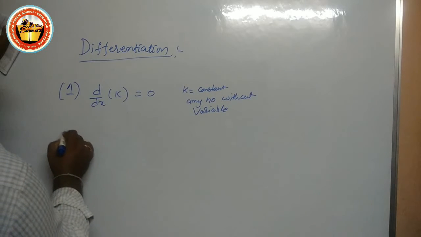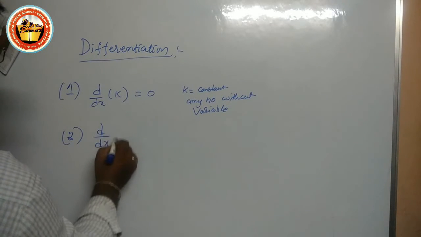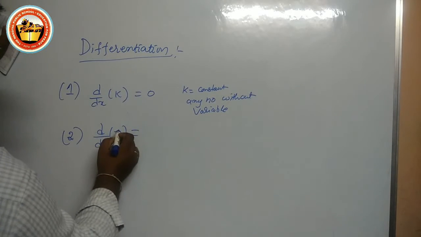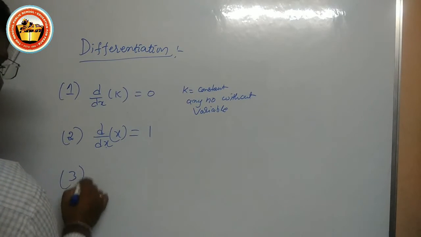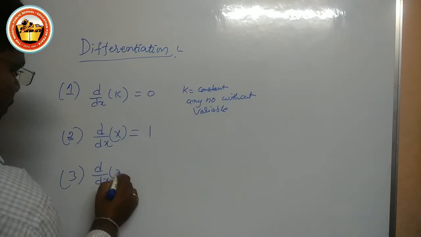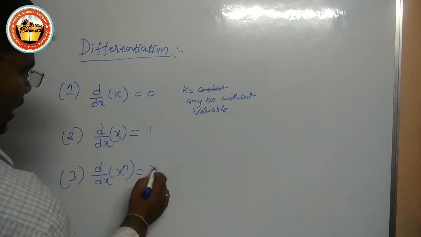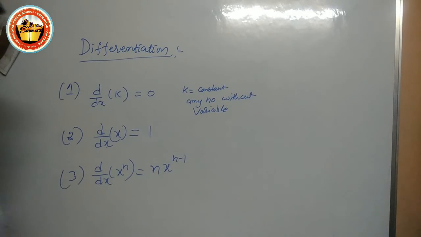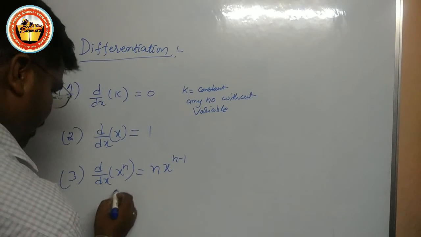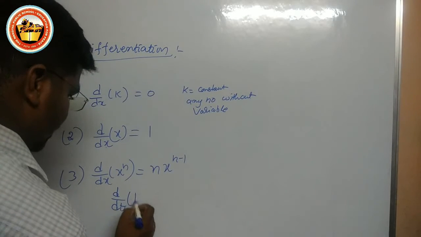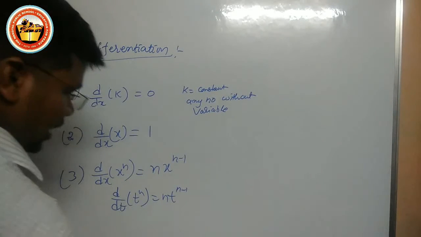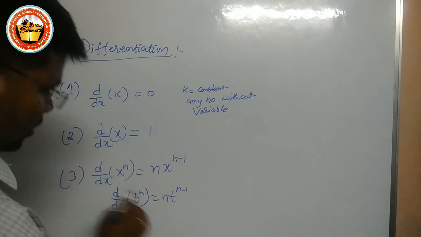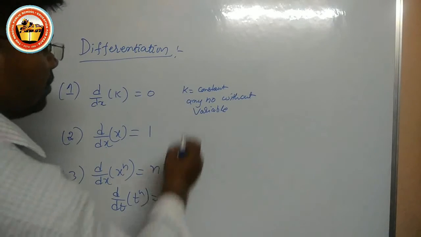Second one: d by dx of x is 1, because the numerator and denominator have the same variable. Third one: d by dx of x power n is n into x power n minus 1. Similarly, d by dt of t power n is n into t power n minus 1. Whatever the variable, the formula is the same.